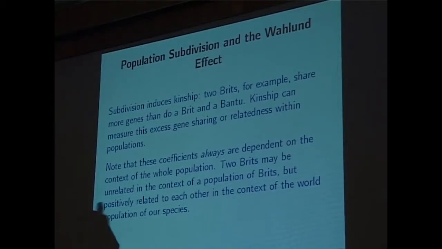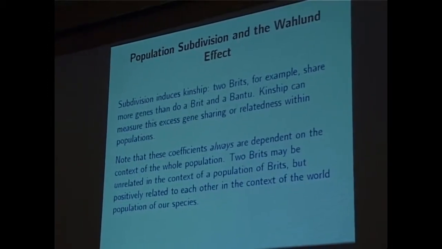All right, now we're going to change topics. Population subdivision induces kinship. If we take two Brits, they share more genes with each other than do a Brit and a Bantu. And we can measure excess gene sharing within populations in exactly the same way we measure excess gene sharing between relatives.